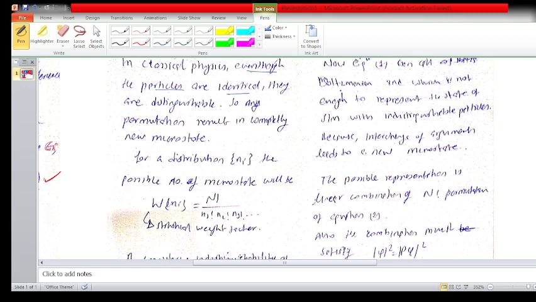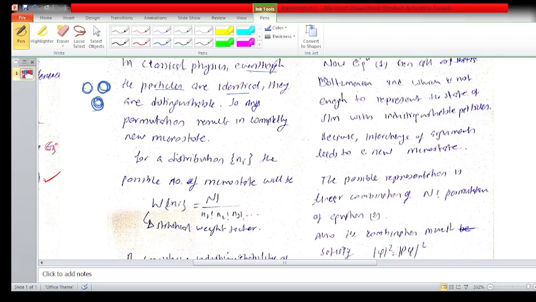Like if you are considering, for example, 2 or 3 balls instead of particles, and each of these balls has the same mass, same volume, and the same shape, so that you cannot distinguish them, but they have different colors. For example, this is blue, this is red, this is black. So each of them is distinguishable.